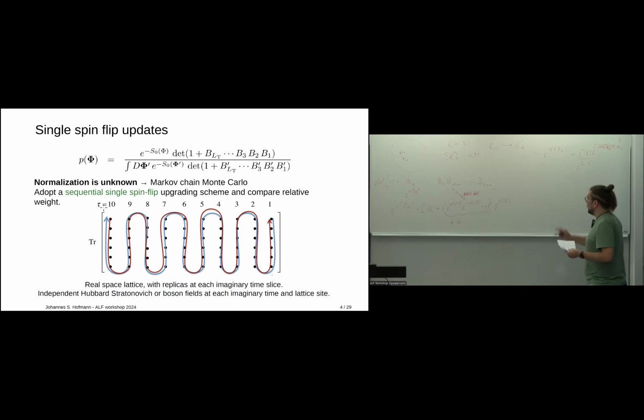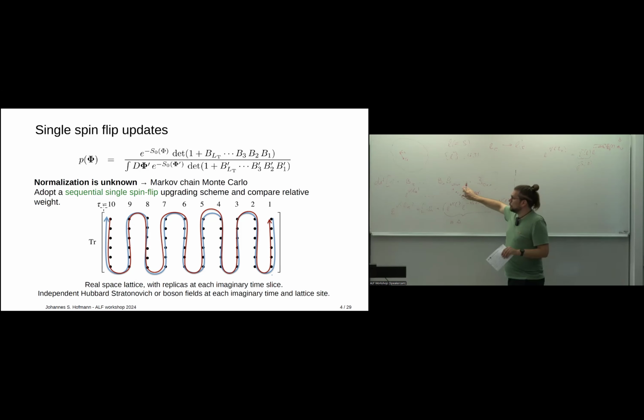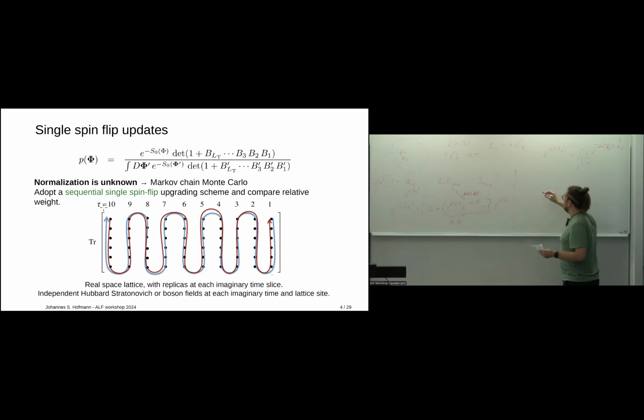So why did I go through all of that? Let's not forget that at the end of the day, when we want to do these updates, we have to adjust the probability transition rate according to the relative weight. So I have to compare the weight of the new configuration with the weight of the old configuration.